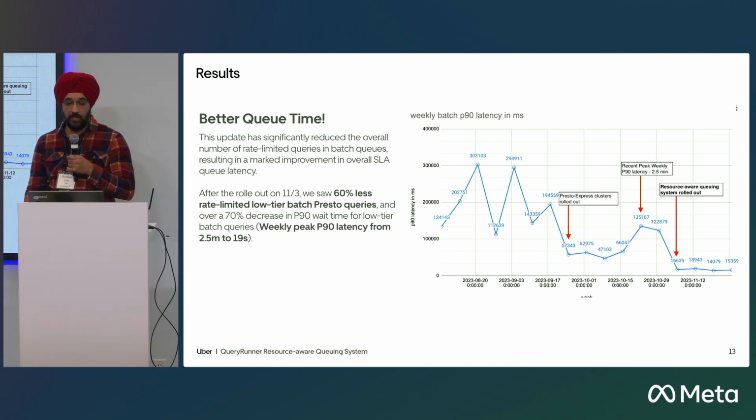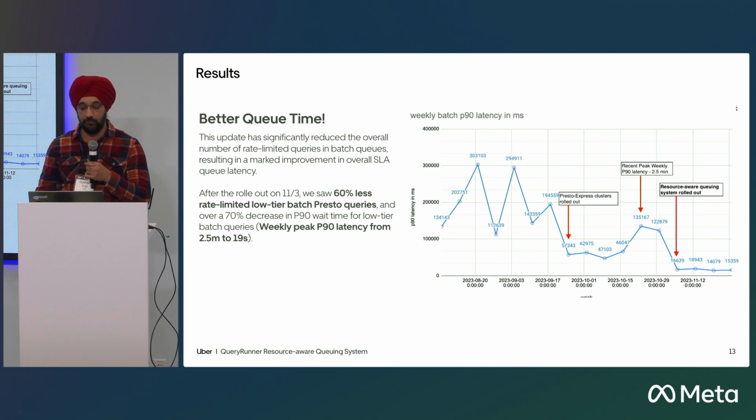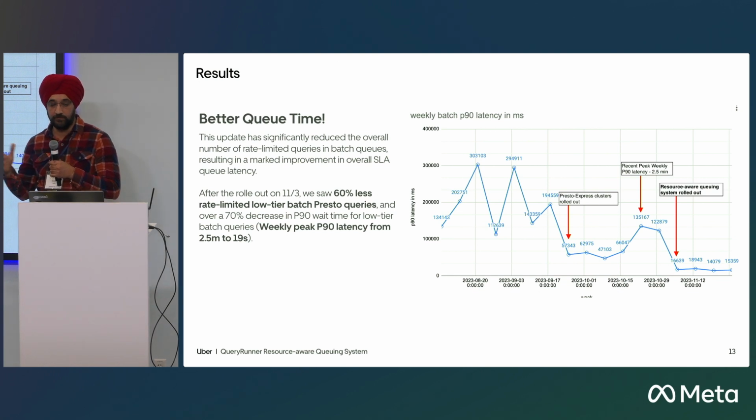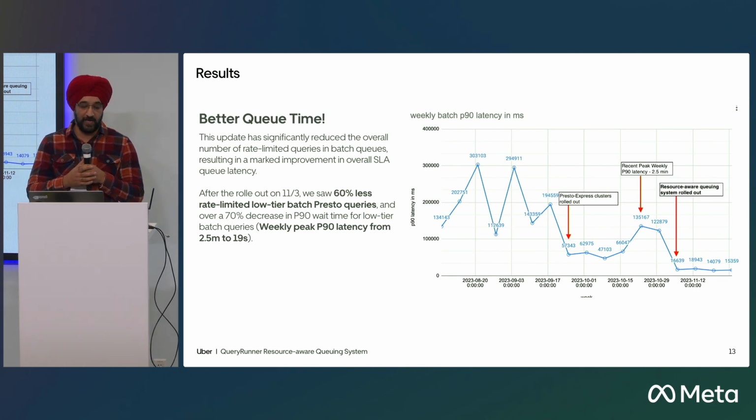So Presto has the concept of a resource group at a cluster level, but we run a lot of clusters across different regions. So what we need is a meta resource group manager which can run over a federation of Presto clusters.